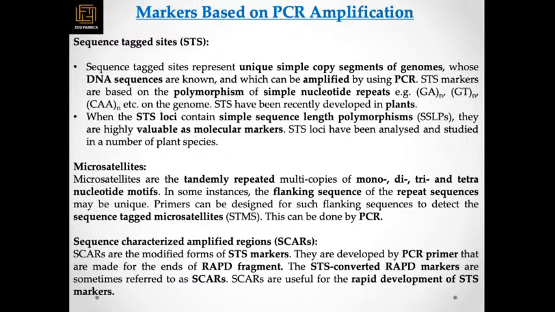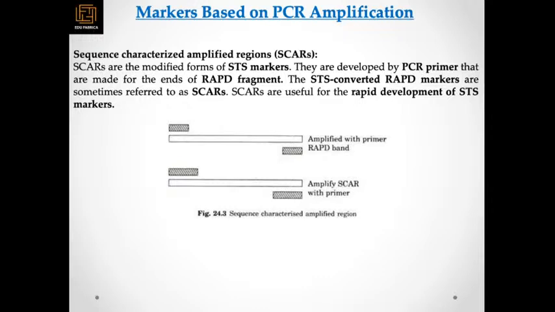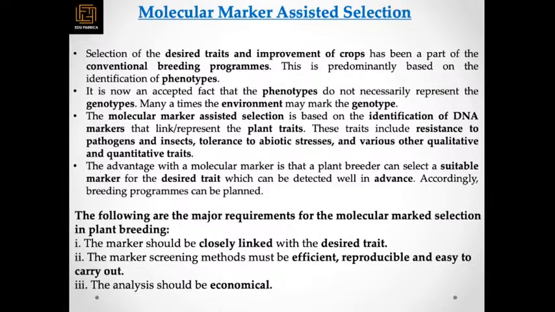They are developed by PCR primers that are made for the ends of RAPD fragments. And SCARs are useful for rapid development of STS markers. This is SCAR. We can have amplification with primer of the RAPD band and then amplification with a SCAR primer. So we can do these two different parts.